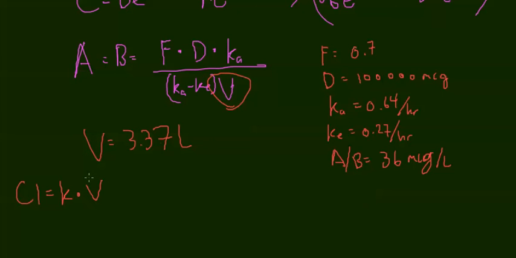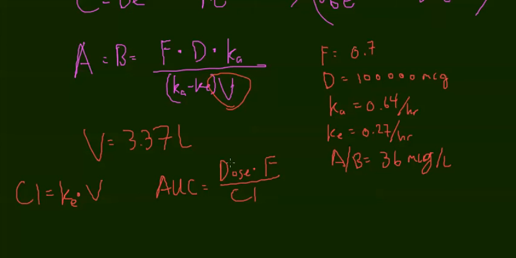So we have volume now. And what K is it? We have KE, because that's elimination. Clearance is elimination. So we can find KE, we can find AUC. AUC we know is actually a special equation. You can use dose times F divided by clearance.